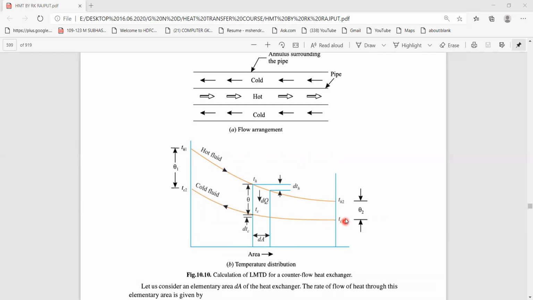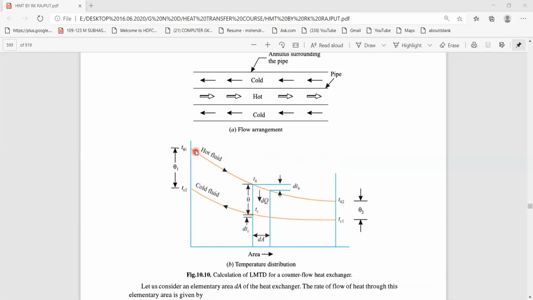Similarly, this will be the inlet for the cold fluid and this is the outlet for the cold fluid, because both fluids are flowing in opposite directions. The temperature of hot fluid is gradually decreasing as it loses heat to the cold fluid. Similarly, as the cold fluid absorbs the heat, its temperature is gradually increasing from inlet to outlet. Now, this is theta 1.